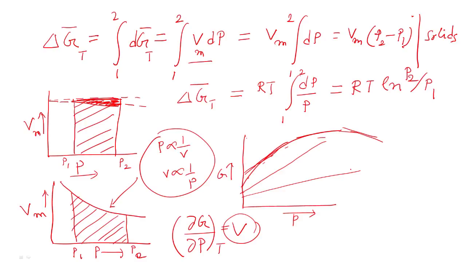However, for gas, it changes a lot because gases are more compressible than solids and liquids, and that's why this curve looks like this, where the slope at any point is given by the volume, but the volume itself actually decreases as we increase the pressure. So the slope itself decreases as we are increasing the pressure.